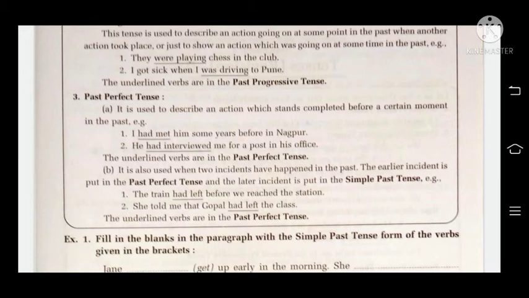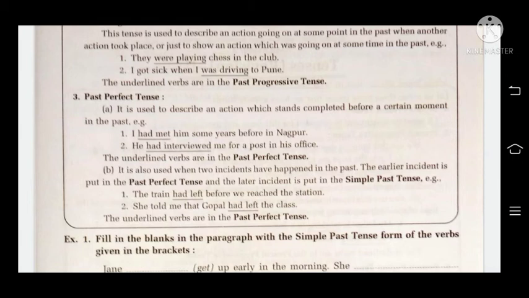Now let's see the example. The first is, the train had left before we reached the station. So the train had left happened some time before, and then the moment we reached. So for the first part we apply past perfect tense, and after before, we reached the station, we apply simple past tense.